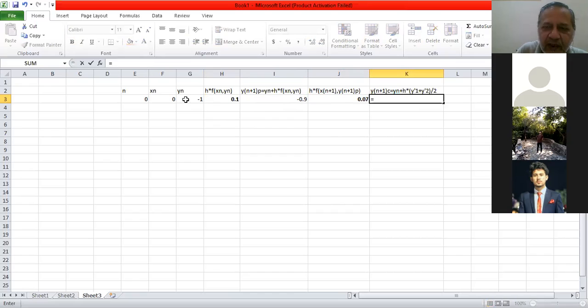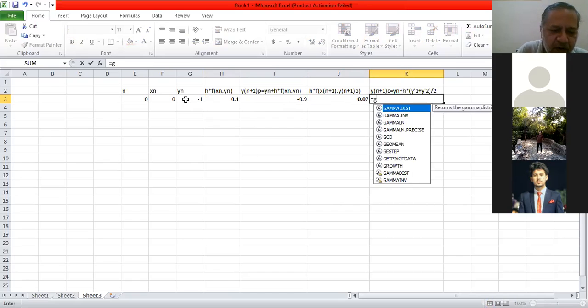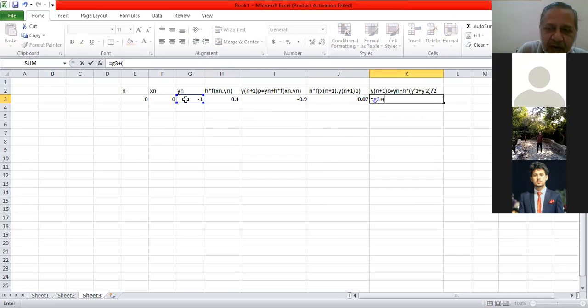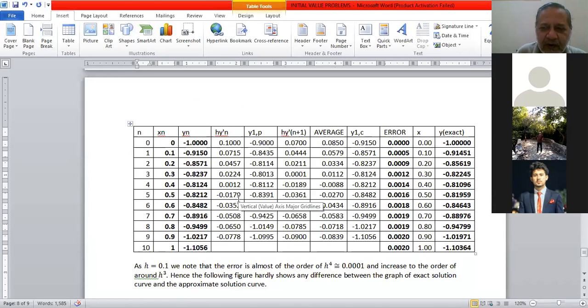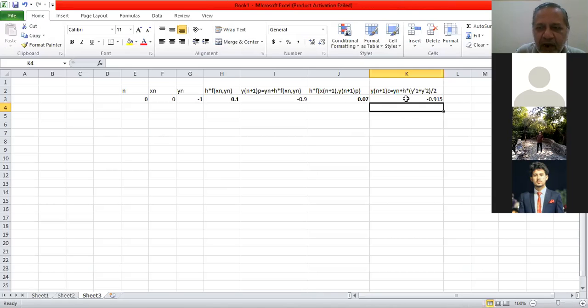So is equal to yn, and yn is g3 plus the average of h3 and j3 divided by 2. Let us see whether we have the same result as the calculation shown here, corrected value of y, minus 0.915.